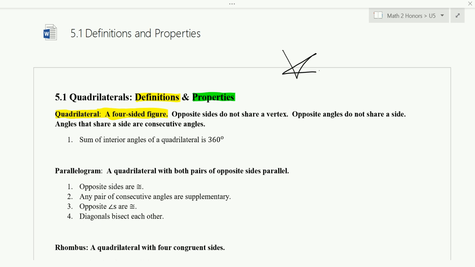Not only is it a four-sided figure, but opposite sides don't share a vertex, which is important. Opposite angles don't share a side, and angles that share a side are consecutive angles, and that rules out some weird pictures like that. Okay, but the only thing that you need to memorize is that quadrilateral means four sides. Okay. So that's a definition.